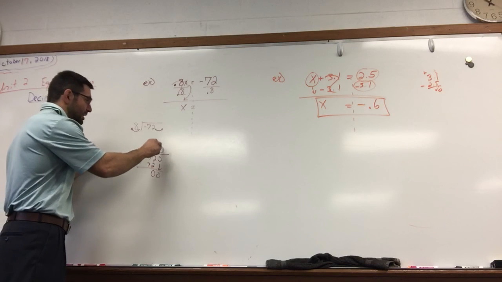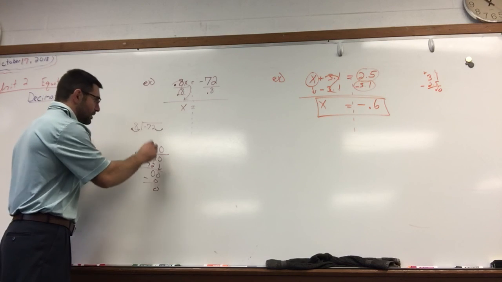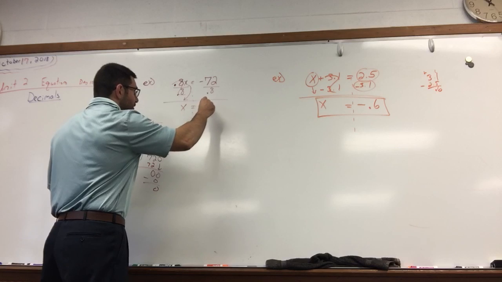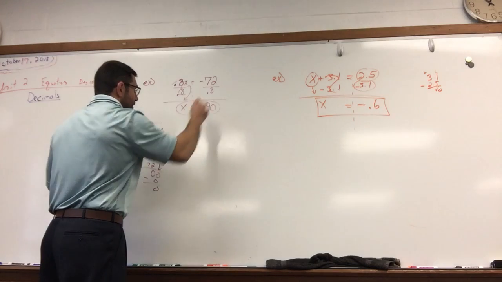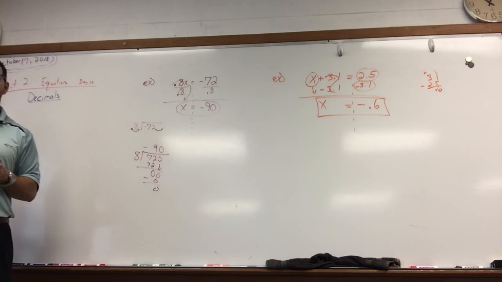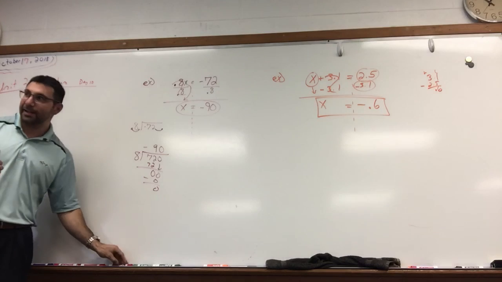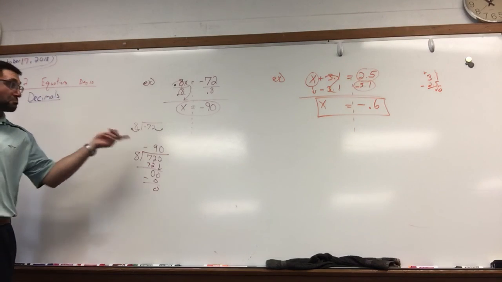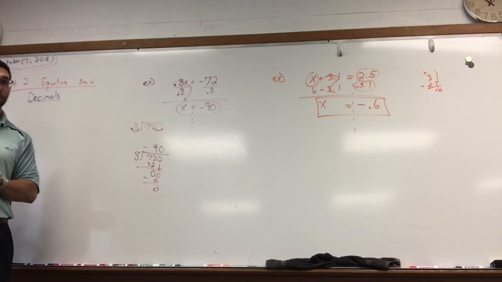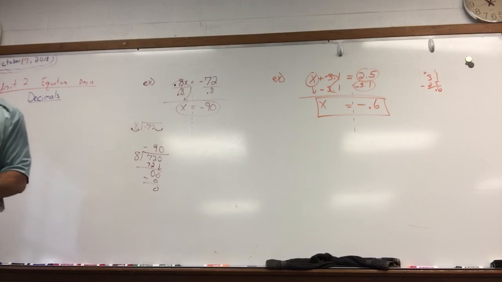No. 0 times 8 is 0. That gives me negative 90. Questions on how I'm doing these? The key is knowing how to add and subtract decimals and moving the decimal in division. You're going to try a couple for us.